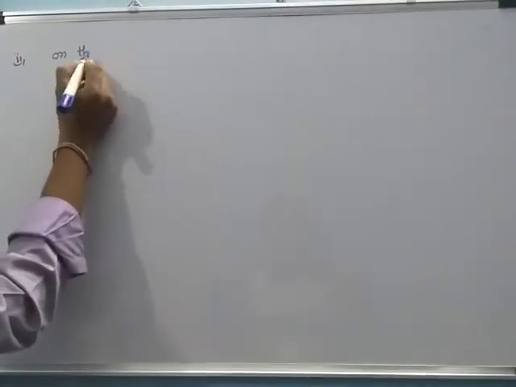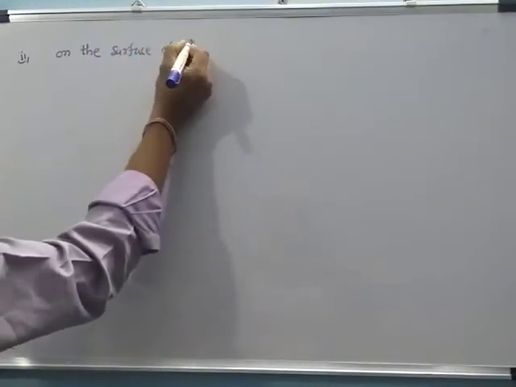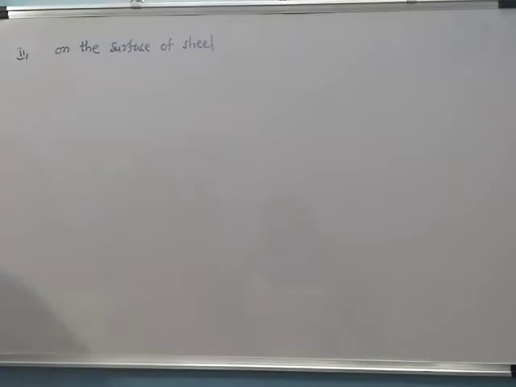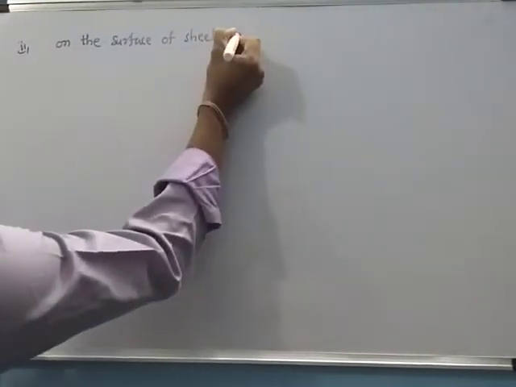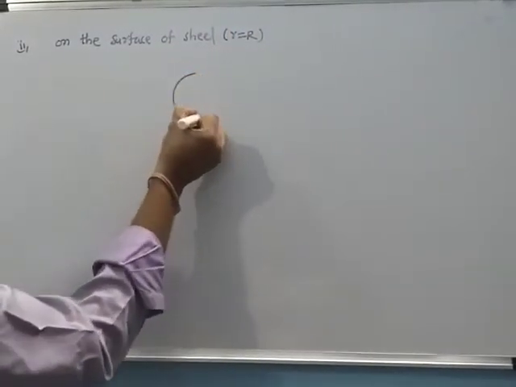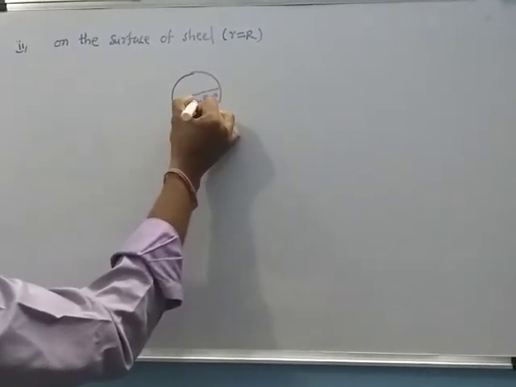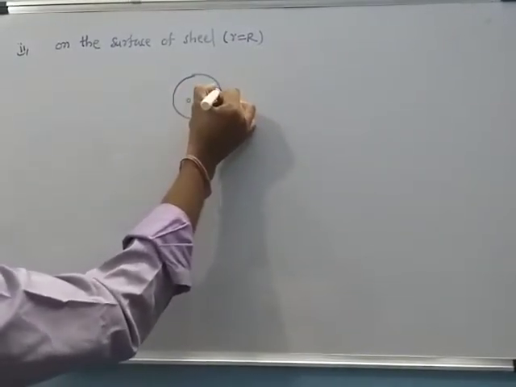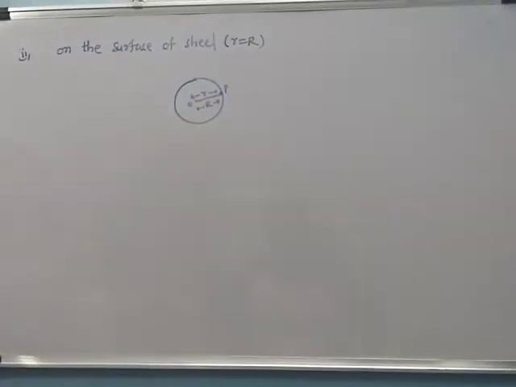Now the second condition: on the surface of the shell. On the surface of the shell, small r is equal to capital R. Here capital R is the radius of the shell, and the point is also taken on the surface of the shell.